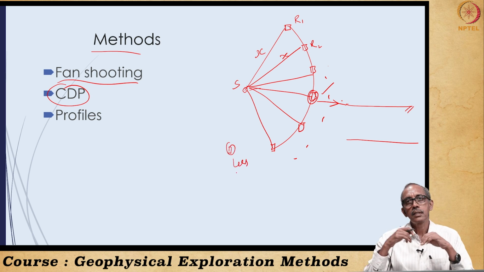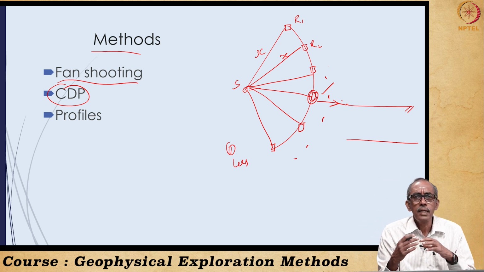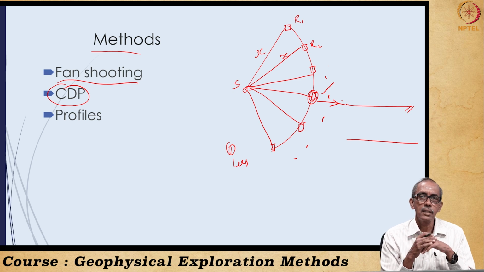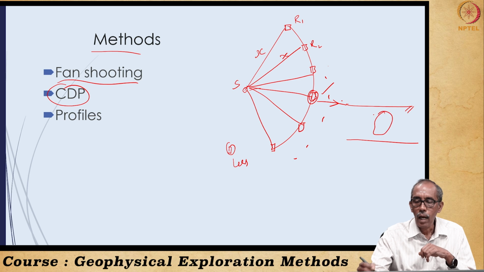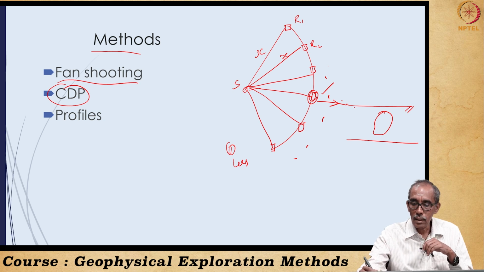So, this is how to understand fan shooting. It is done first, maybe to understand the terrain, as a reconnaissance or preliminary survey. Further, fan shooting is also done to identify some bodies, some peculiar formation within the first layer itself, because the signals go in and get reflected back.